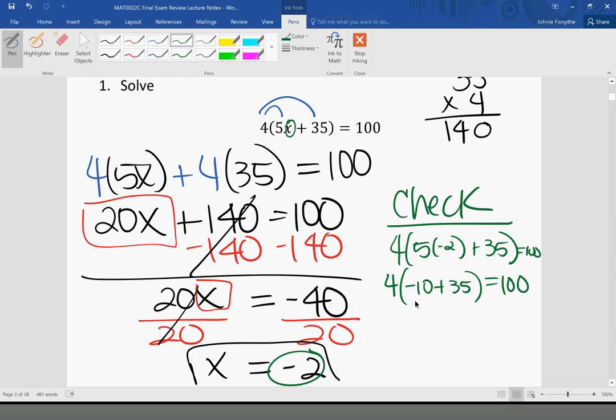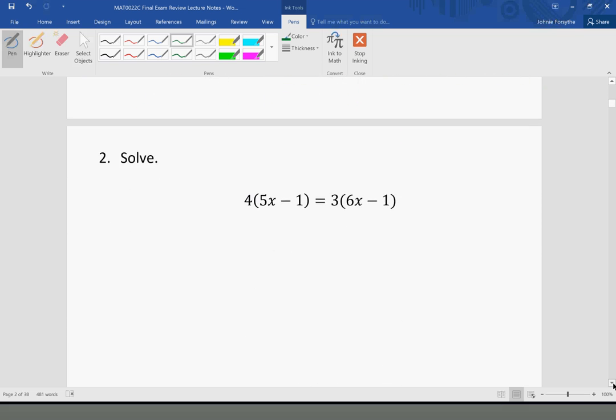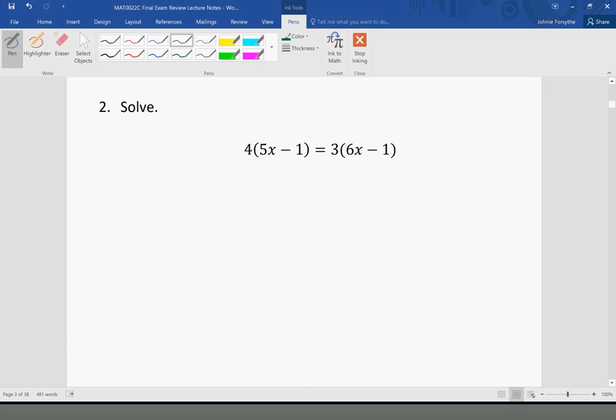In the parentheses, negative 10 plus 35 is 25, times 4 equals 100. And 4 times 25 is 100. So we know we have the correct answer. So just don't be afraid to check your answer as you do your final exam, especially in your final exam review. Okay, number 2, solve this equation.